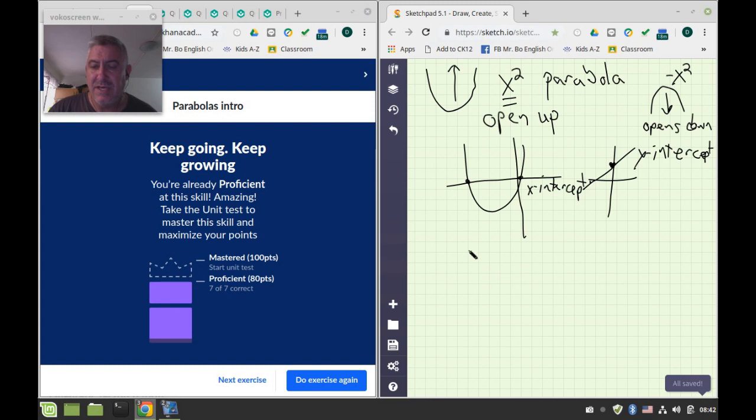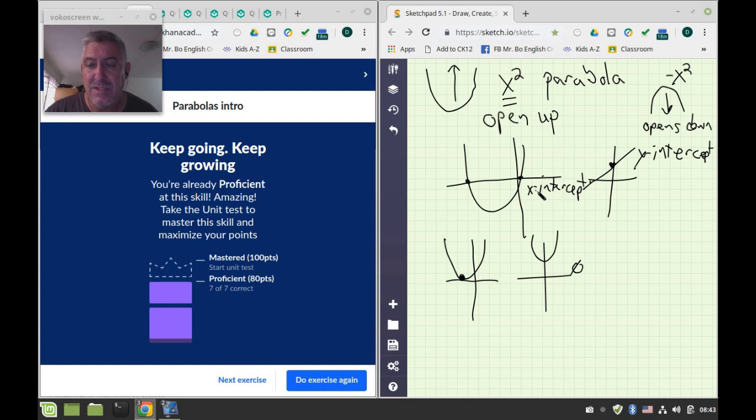So generally, we've got three ways that a parabola can intercept the x-axis, and one is to have two x-intercepts, and one is when it just touches in one spot and comes back up, and then the other kind is up here, and there are no x-intercepts.